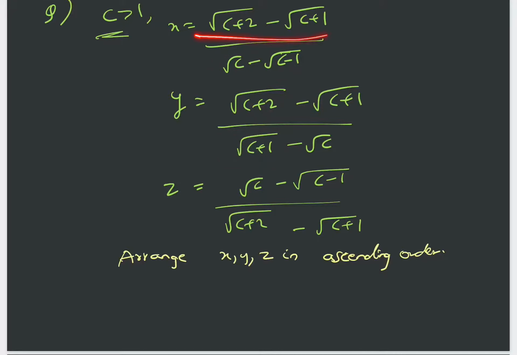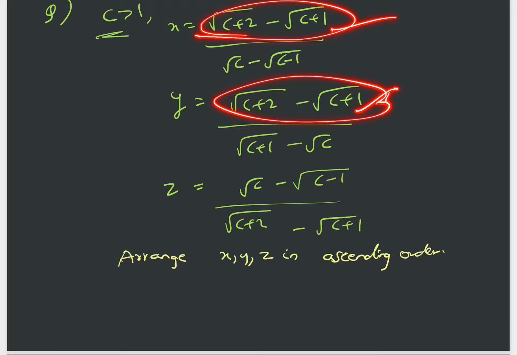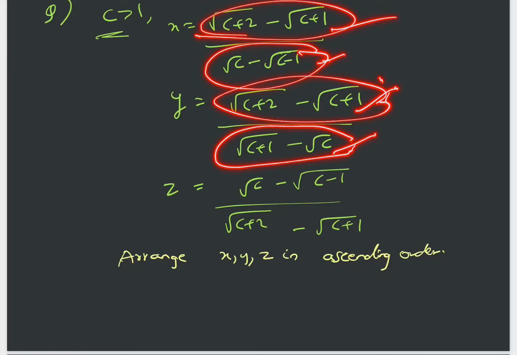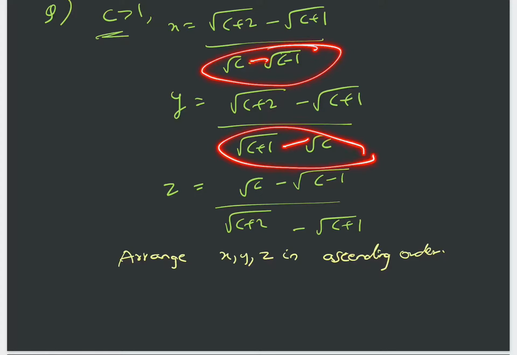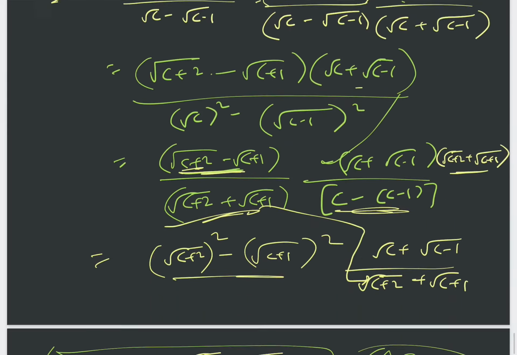Here you can compare x and y, because for x and y you have the same numerator, and in the denominator you cannot say whether the denominator of x is more or the denominator of y is more. You can't say, right? Because if there was a plus, then I can definitely say that this denominator is bigger than this one, but if there is a minus, how can I say which one is bigger, right? So here it was difficult to compare, so that's why we rationalized it.